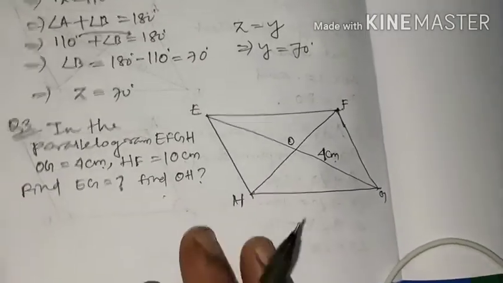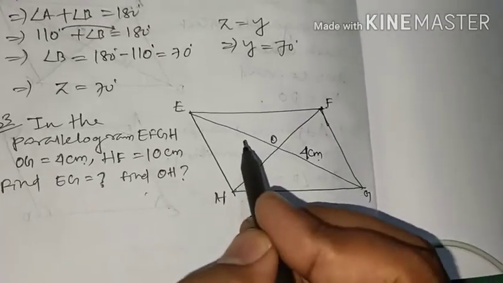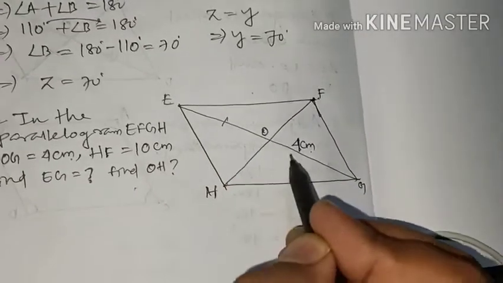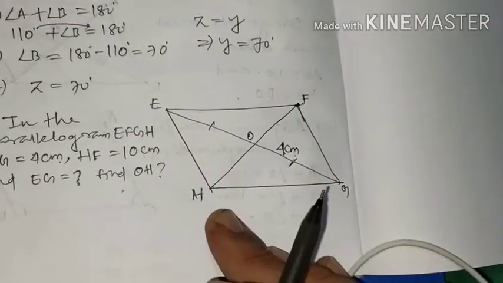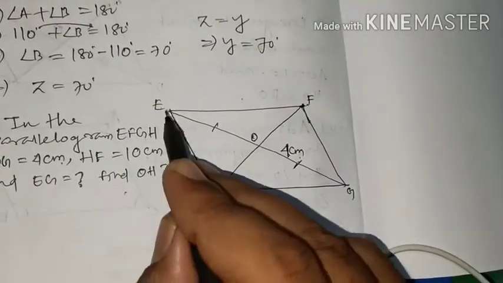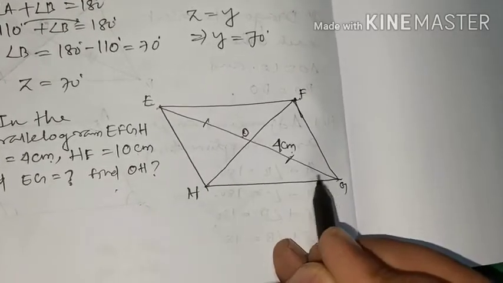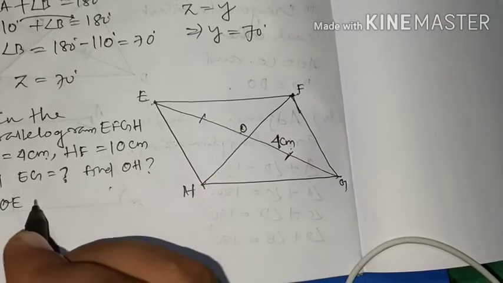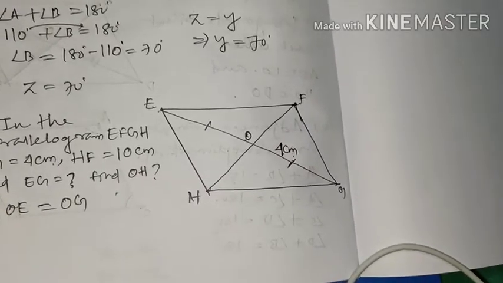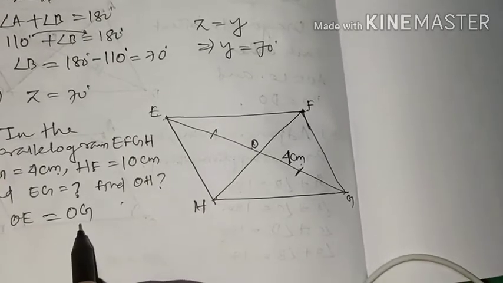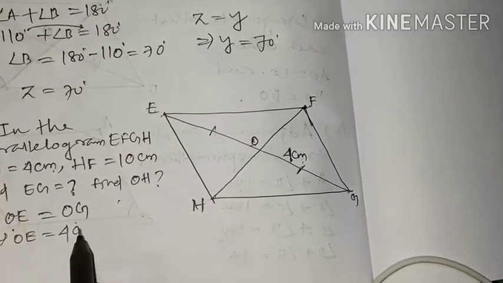So you know that according to the properties of parallelogram, the diagonals bisect each other. Here the diagonals are EG and FH, they bisect each other, so that EO is equal to GO, or OE is equal to OG. You know that OG is equal to 4 centimeter, so OE is also equal to 4 centimeter.